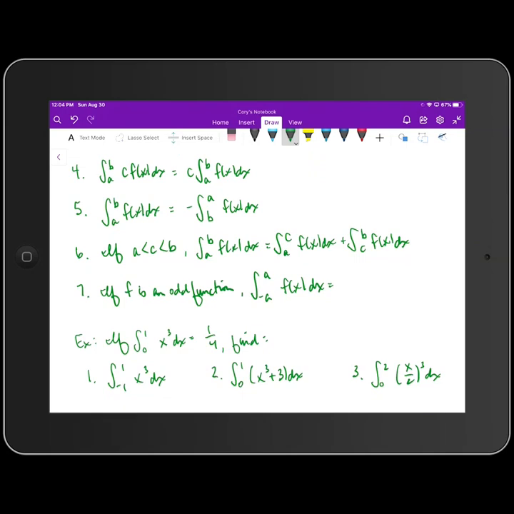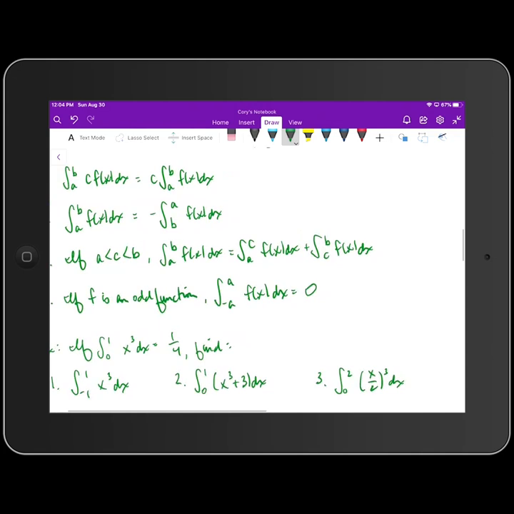Okay, and then lastly, property number 7 says that if f is an odd function, then the integral from negative a to a of f of x, which we're integrating with respect to x, is going to be equal to 0. The easiest way to illustrate this is if we had the function y is equal to x. That's an odd function.